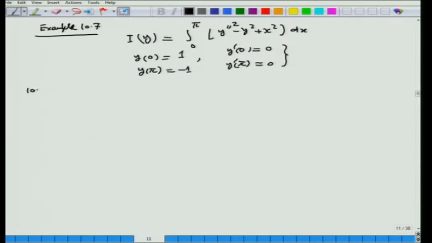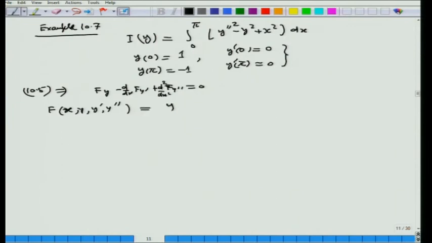So, again this 10.5 implies in this case that f y minus d by dx of f y prime plus d 2 by dx 2 of f y double prime equal to 0. And so, here f, which is a function of x, y, y prime, y double prime, is y double prime square minus y square plus x square.